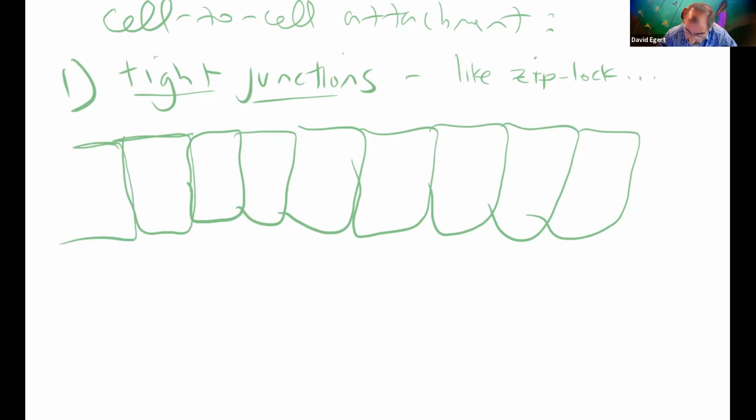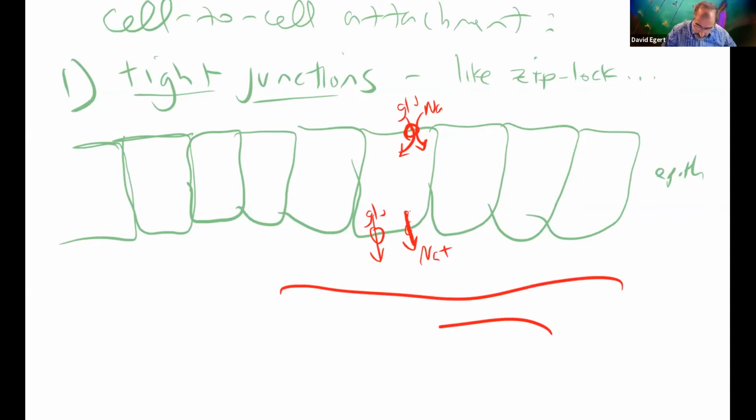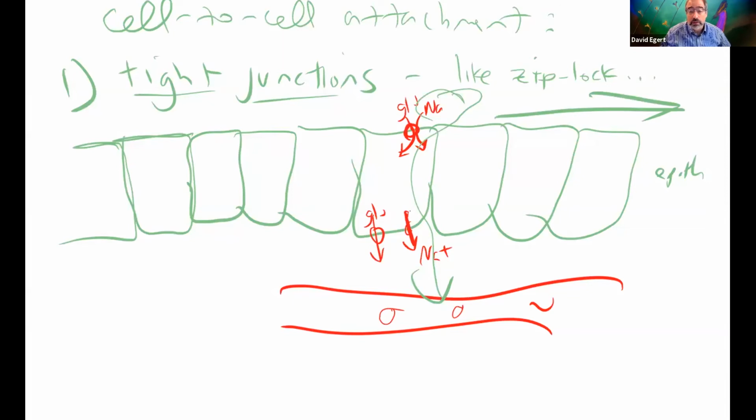Remember, I had my epithelial sheet, with sodium and glucose coming in, and sodium getting pumped out here, and glucose coming out here, and all this stuff. The whole point here was I wanted to be very intentional about making sure that I'm pulling my glucose into here, but I don't want other things. I want to only pull things across that I want to absorb. Other stuff's going to continue out and become my poop, right?